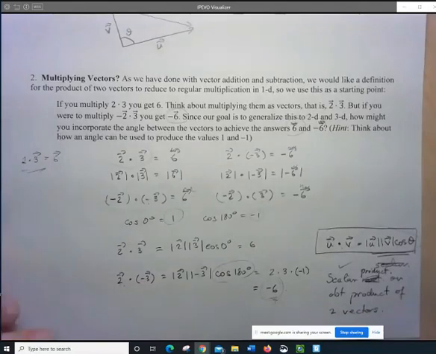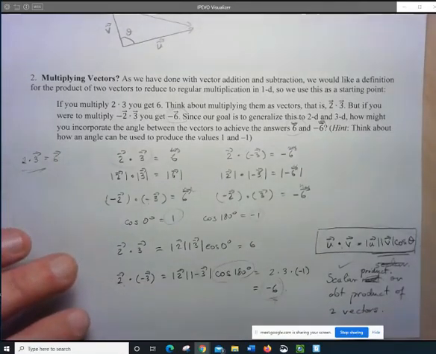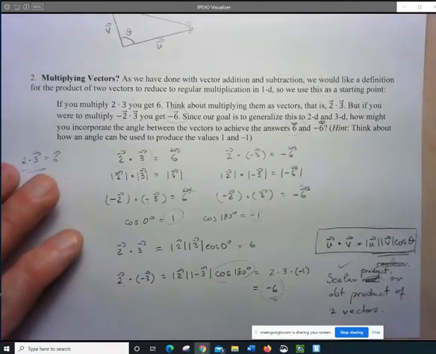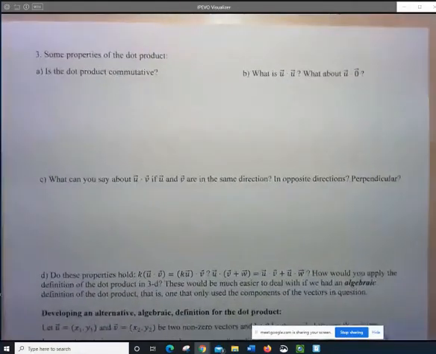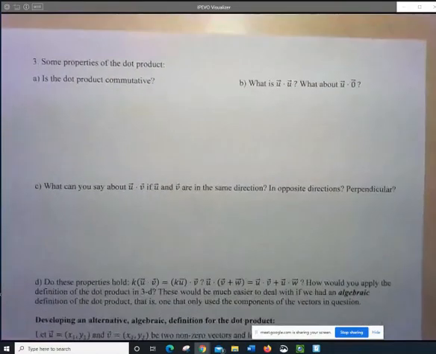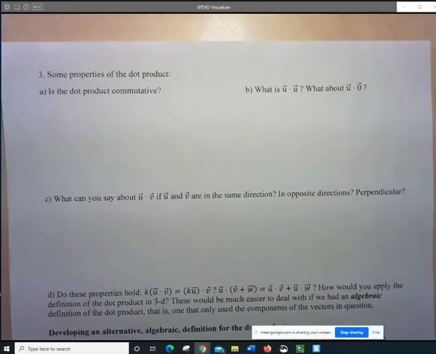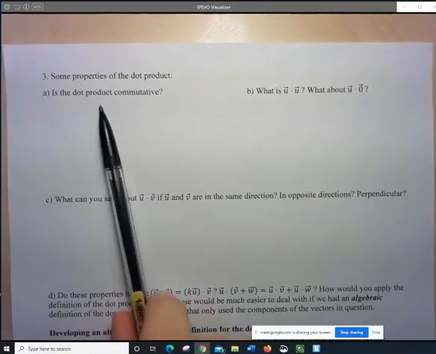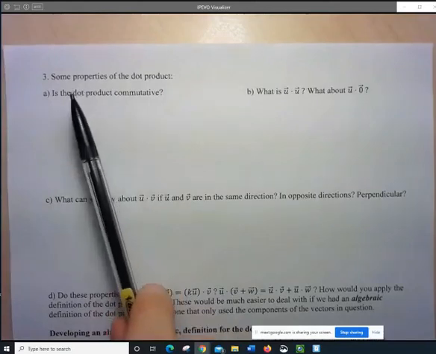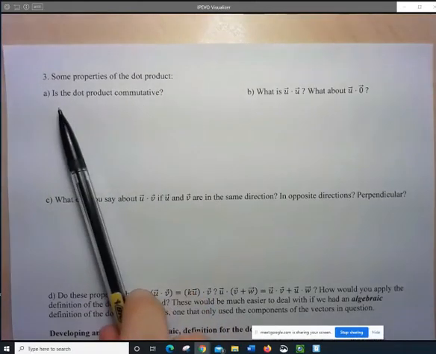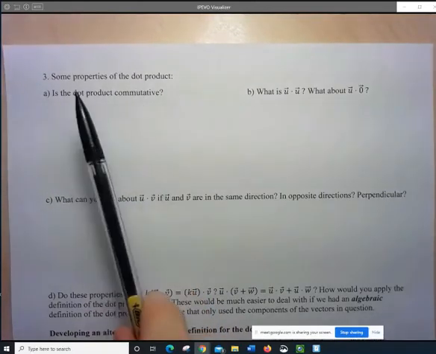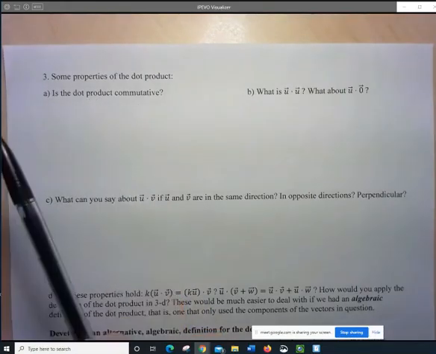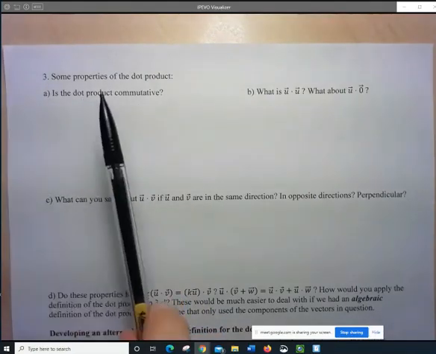Sorry about that. Okay, so what we want to try to do now, anytime we define a new operation, we want to see what kinds of properties it has. So is the dot product, okay, you'll see me usually calling it dot product as opposed to scalar product, okay, but sometimes I mix and match. But this is most likely what I'm going to be using most of the time. So is it commutative?